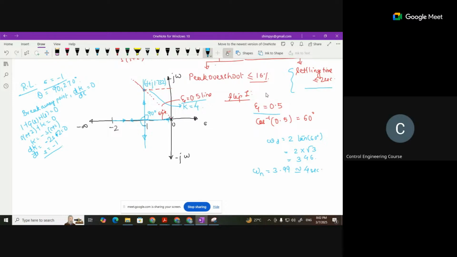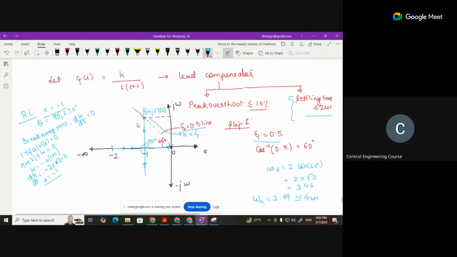So if both specifications are to be satisfied, my dominant roots have to be located at some other place. I cannot take this as my dominant roots.